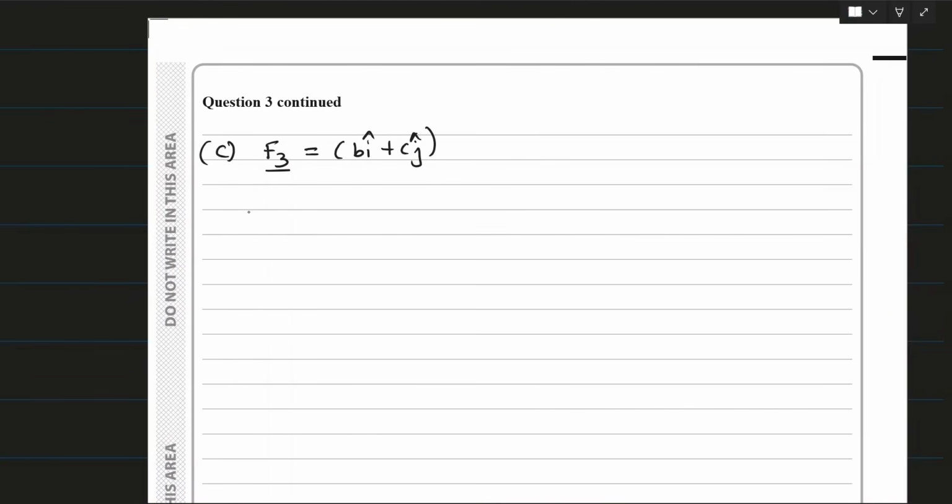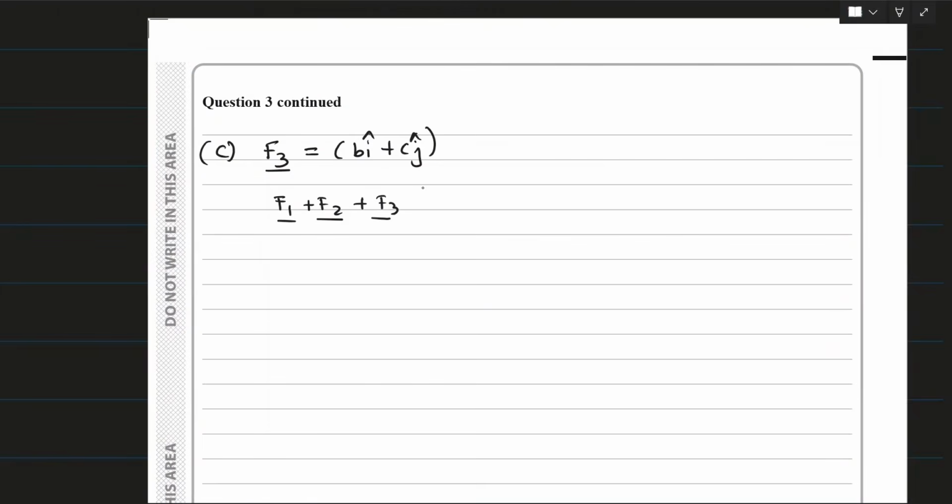Again, in order to find the resultant of the three forces, we just need to add the three forces together. The reason for this is that the three forces are expressed using i and j vectors, so we can find the resultant of these vectors by just adding the vectors together. So F1, F2, and F3, when added together, give us the resultant force.